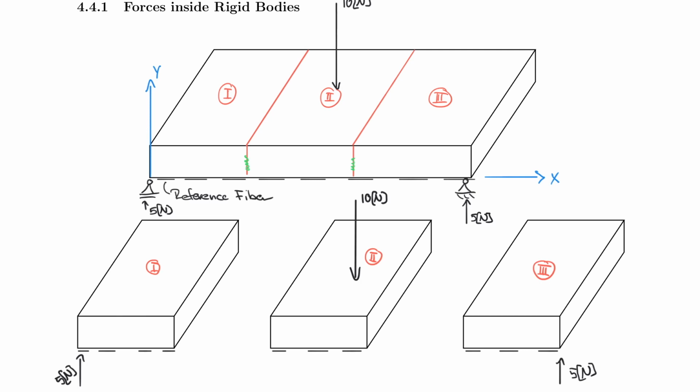So the question we really need to ask ourselves is, what do we need to do at this surface here and this surface to bring the system back into equilibrium? And we can do this piecewise. We can first bring this back into equilibrium, then bring this one back into equilibrium, and then this one, or in any random order really.